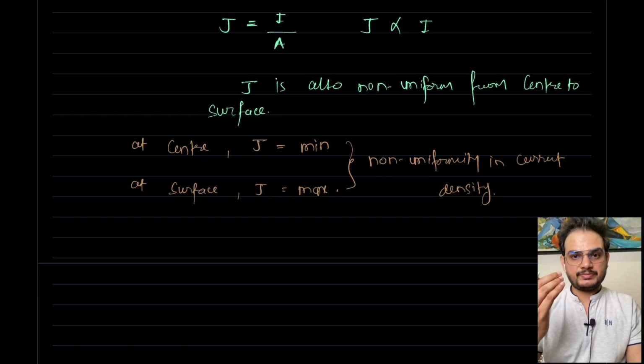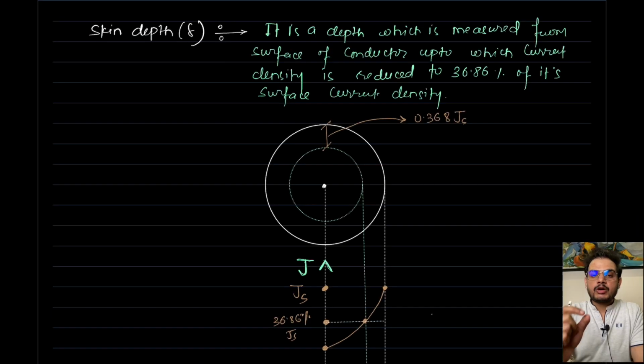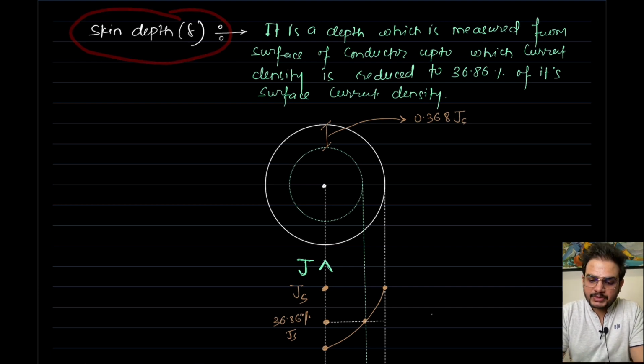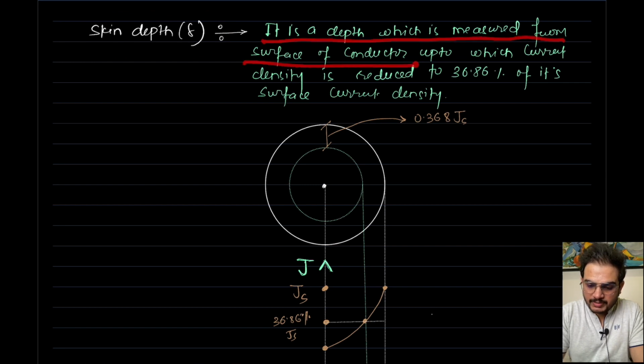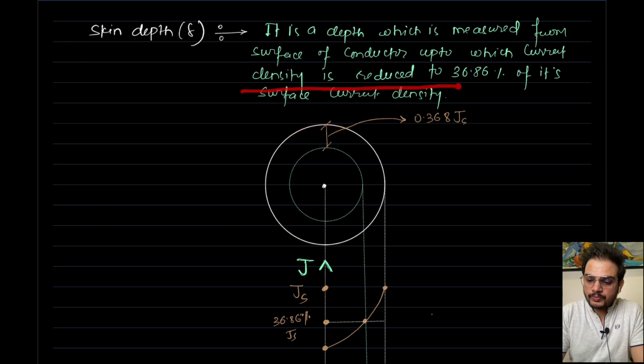Now after understanding the skin effect, let's understand the concept of skin depth, right? Here I have written the definition of skin depth. It is a depth which is measured from the surface of the conductor, up to which my current density is reduced to 36.86% of its surface current density.